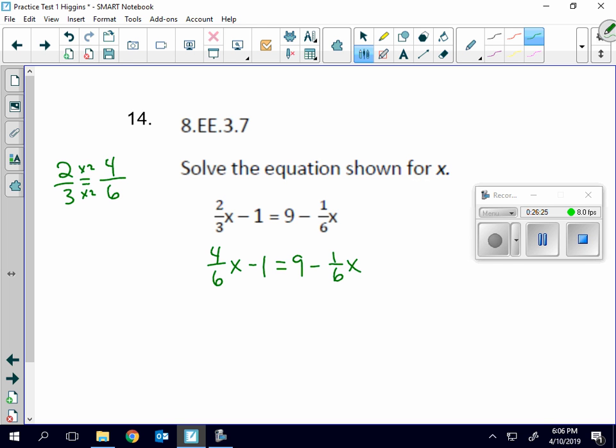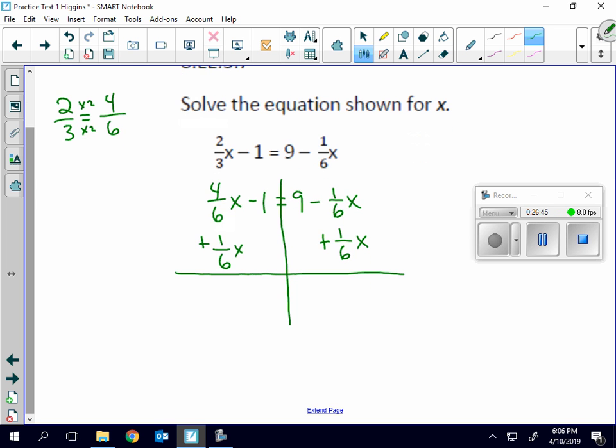Okay, we're solving. We want to get all the x's to one side first. I'm going to go ahead and undo the negative 1/6 x by adding 1/6 x to both sides. What's 4/6 plus 1/6?